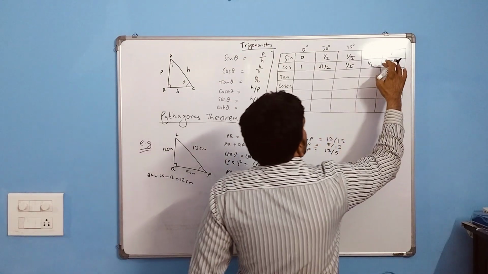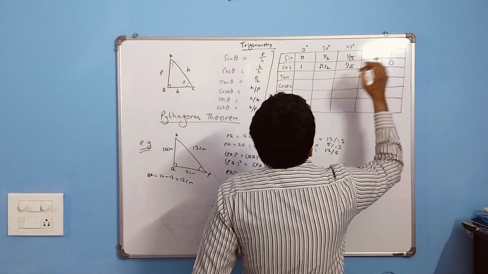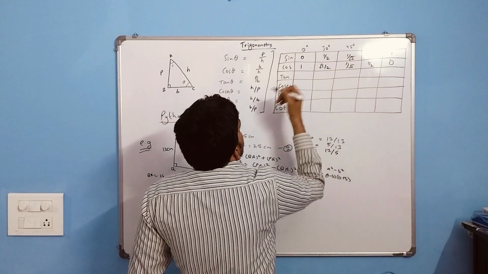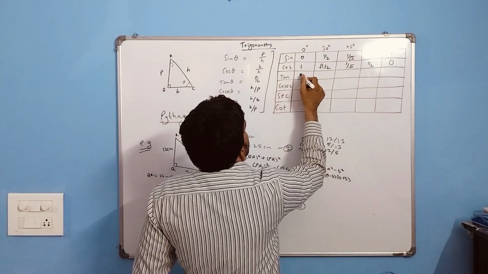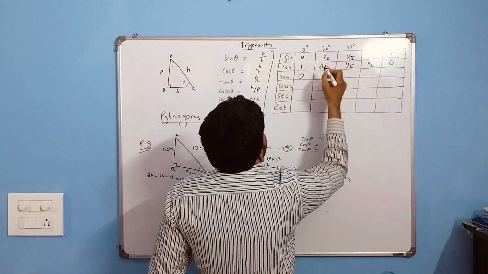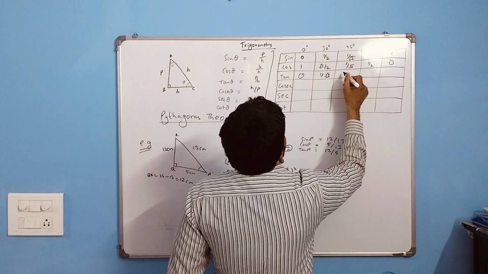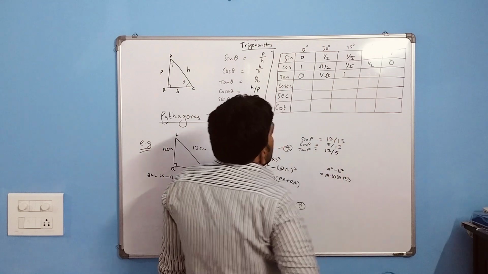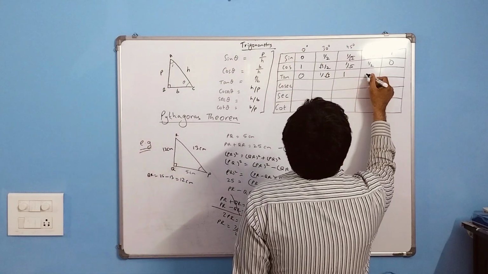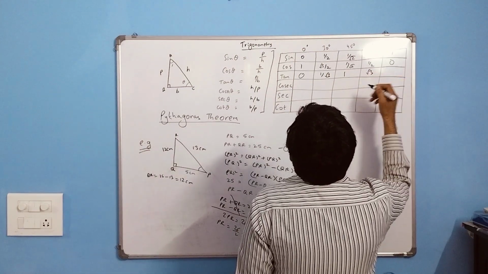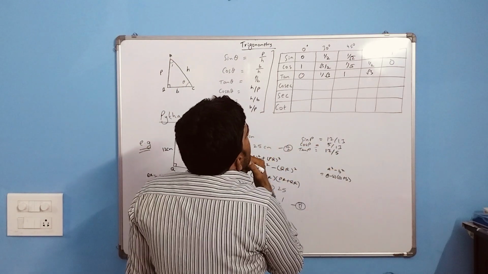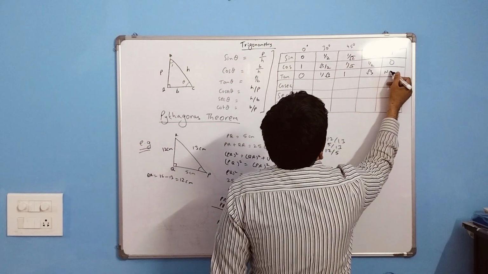Very easy. Now for tan: tan 0 is 0, tan 30 is 1 upon root 3, tan 45 is 1, tan 60 is root 3, and tan 90 is not defined.